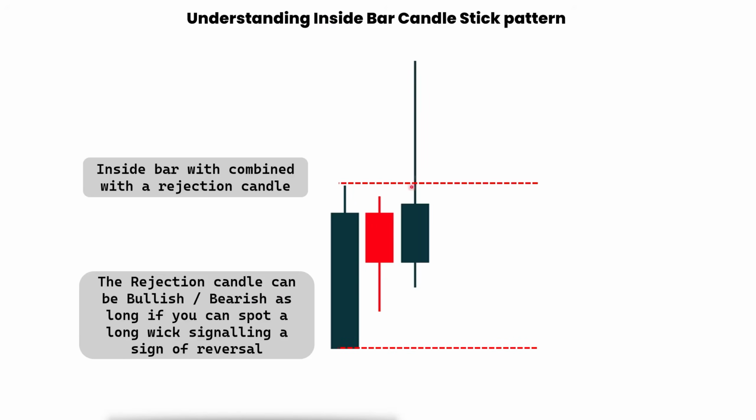So basically, an inside bar is a candlestick that is within the range of a previous candlestick. For example, you can see that this candlestick here, the low is right here, and the high is right here. Then this candlestick is within this candlestick's range, like it's inside.